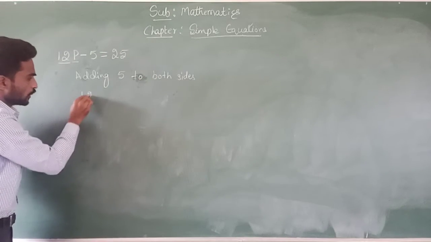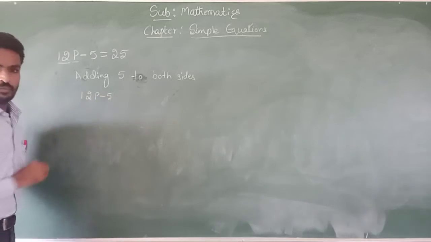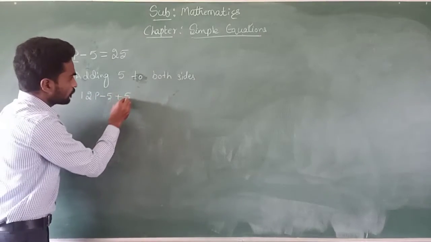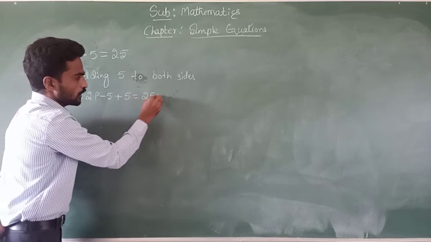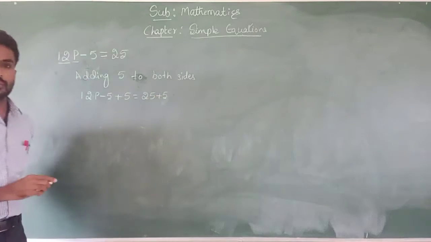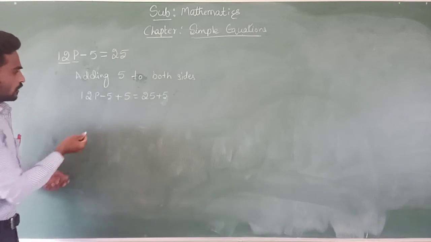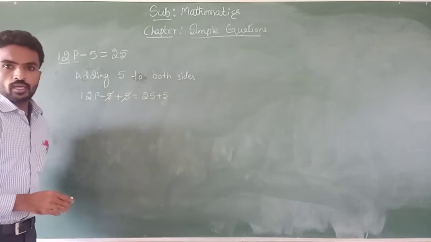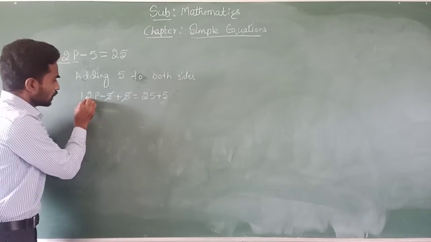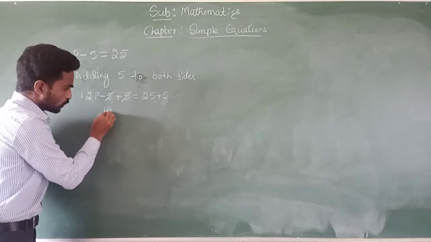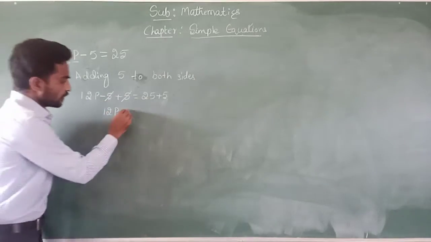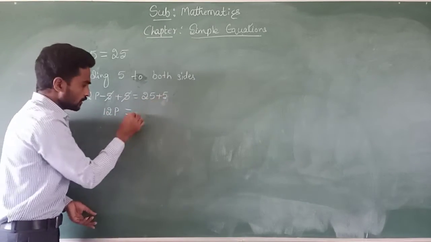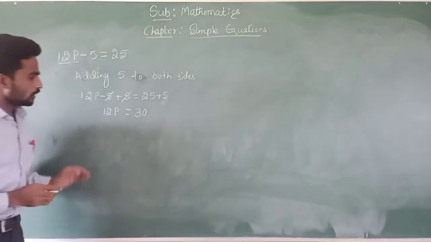Then we get 12p minus 5 plus 5 is equal to 25 plus 5. Now minus 5 plus 5 gives 0. Then 12p plus 0 is 12p, equal to 25 plus 5, which is 30.